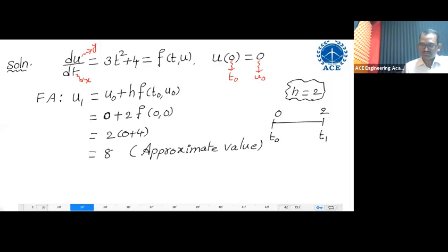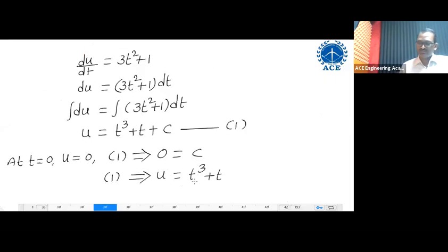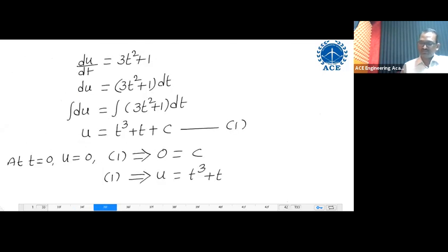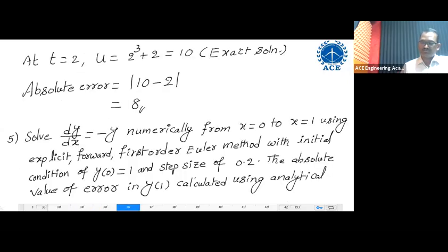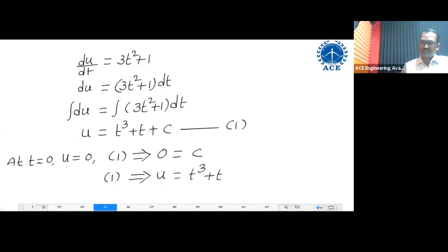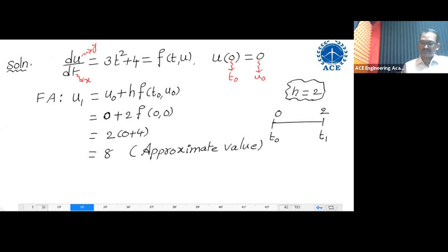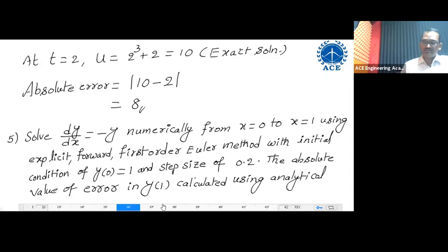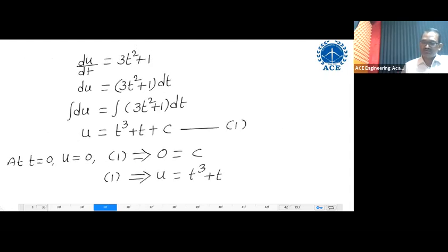Sorry, this is a mistake. And here we check u is equal to t cube plus t, and at t is equal to 2, that is 2 cube plus 2, 10. What is the previous answer? What is the final answer I said? 8.